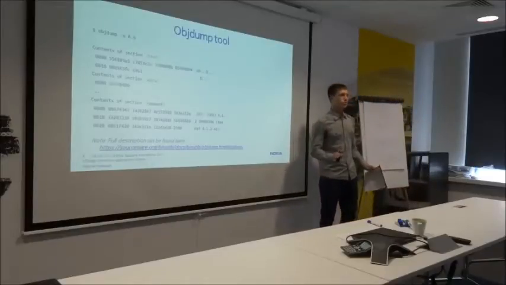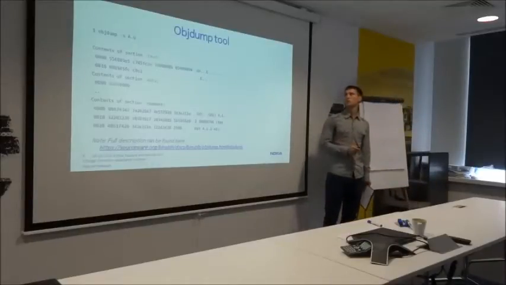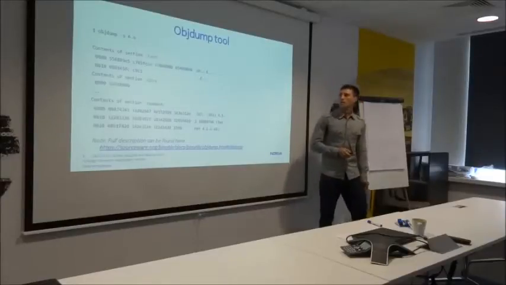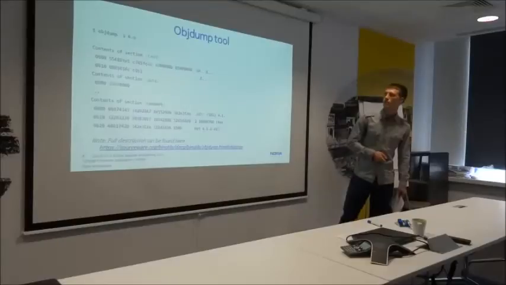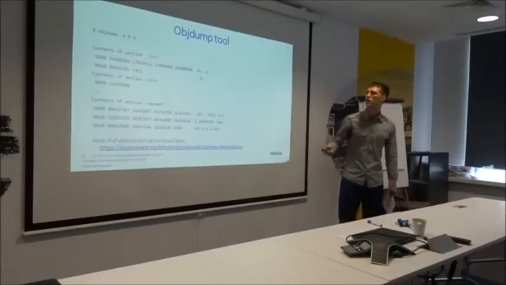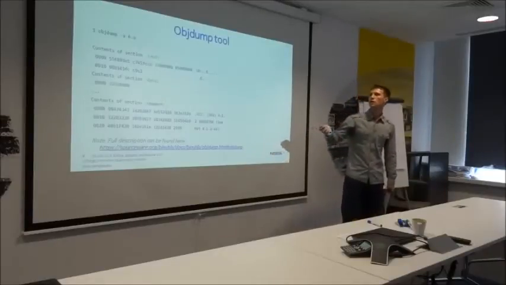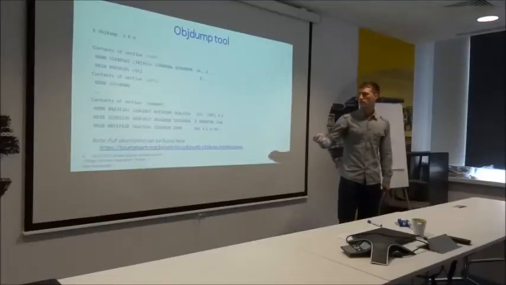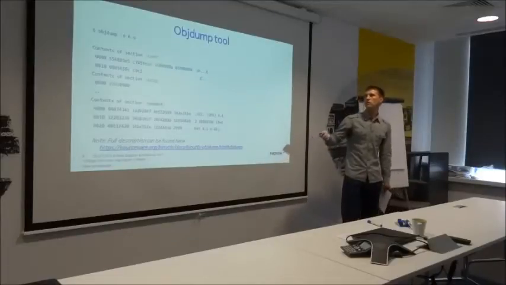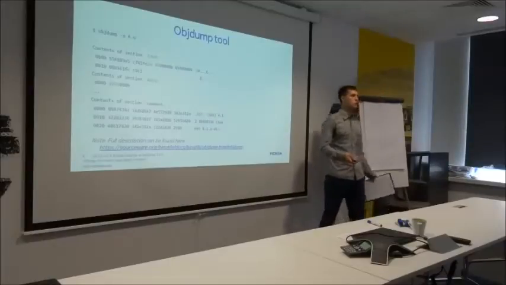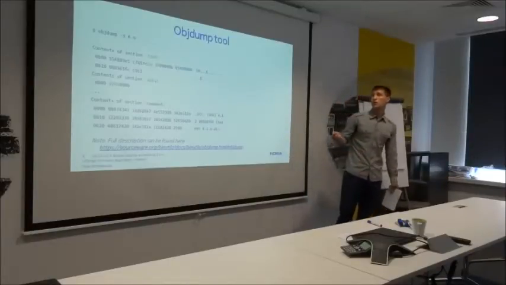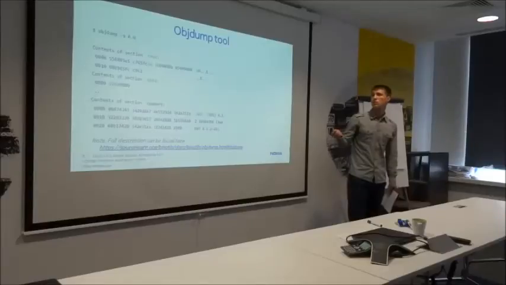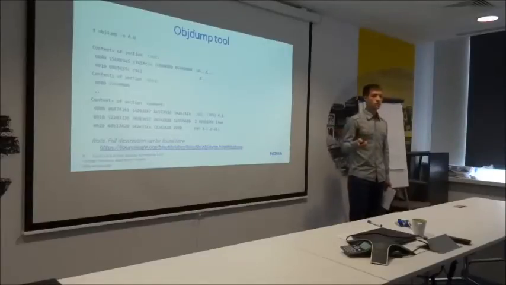Just let me introduce you to one more tool. This is called the objdump tool. This tool is also quite powerful, but I just want to show you the output with the -s parameter. It also shows the contents of your object file, but the -s option shows you the contents of all sections within your object file.